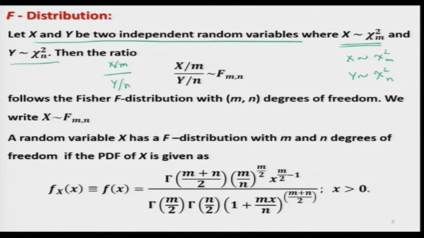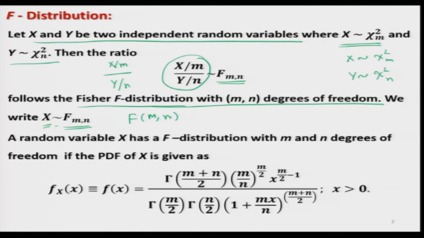So this will come out to be x upon m divided by y upon n, and this will follow an F distribution, and we say that this is an F distribution with m, n degrees of freedom, or m and n degrees of freedom. This is also called Fisher's F distribution, and that is indicated by writing x follows F with subscript m comma n. Sometimes you will see people also write m comma n in parentheses. So, whatever is convenient to you, you can use it.